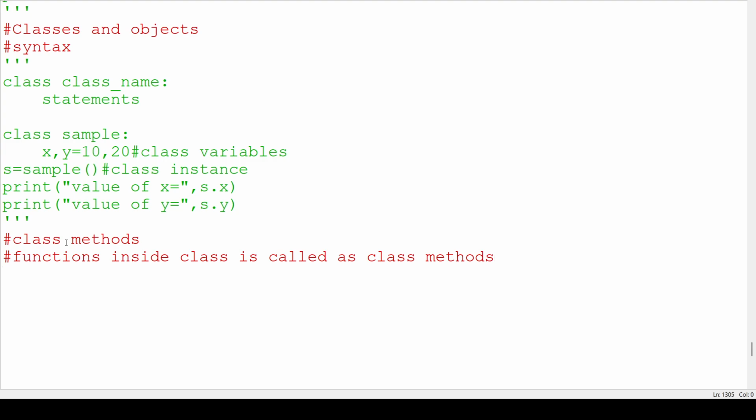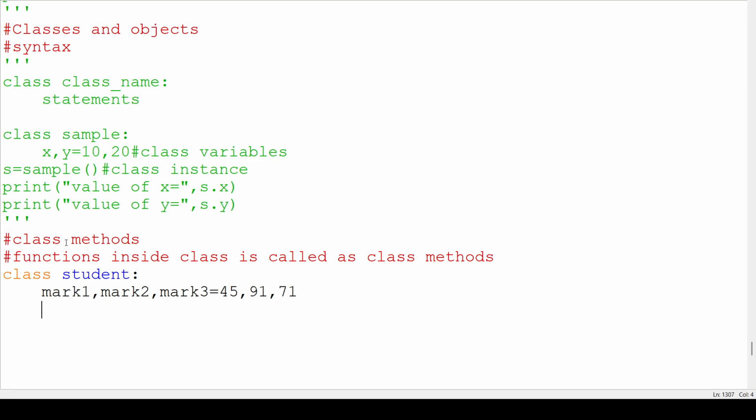We already saw that parameters are the variables in the function definition and arguments are the values passed to it. The statements inside the class must be properly indented, otherwise it will lead to an error. Let's create a program to find the total and average marks using a class: class Student, with name, mark1, mark2, mark3 equal to 45, 91, 71.